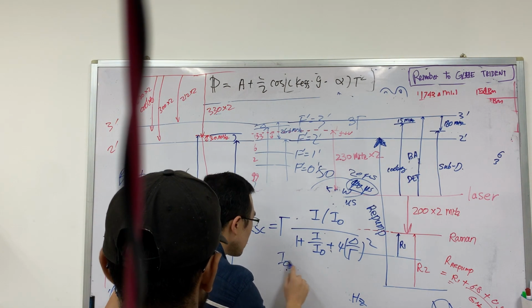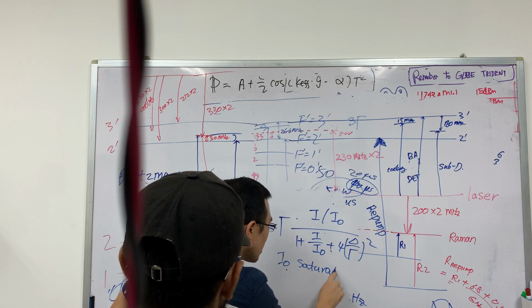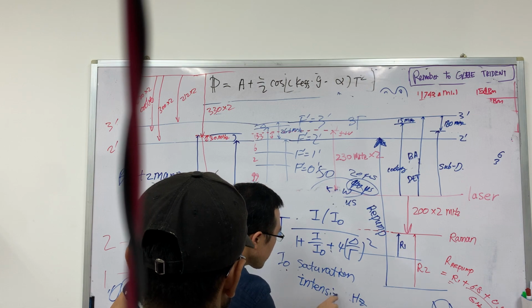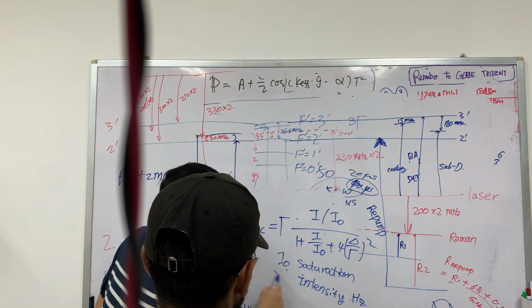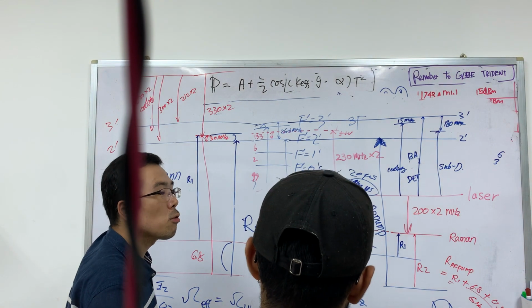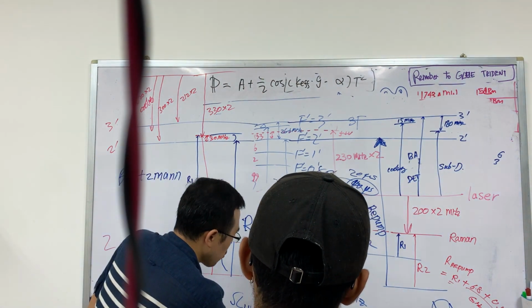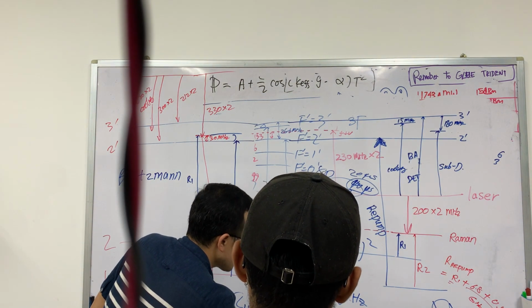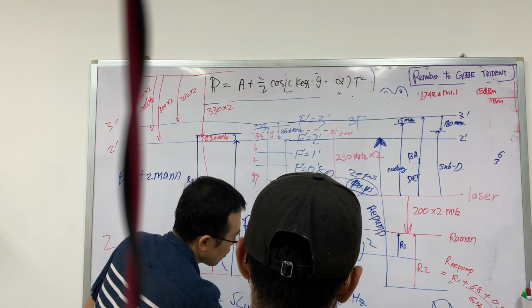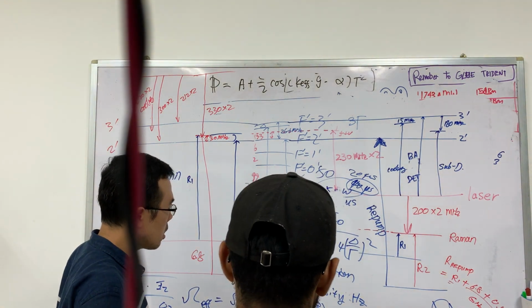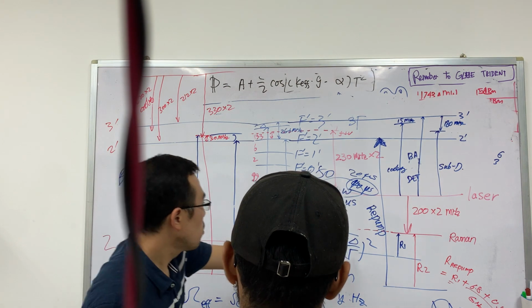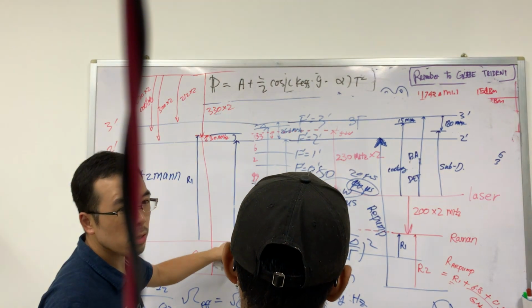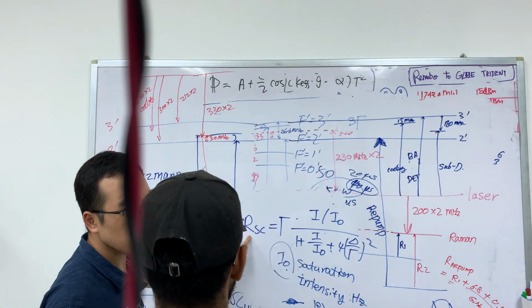This is saturation. This means if your intensity is above this, the atom is already saturated. You have two levels, this is the ground state and the excited state. When you reach this, it's half. So when we go to large detuning, this goes lower. That is what we want.